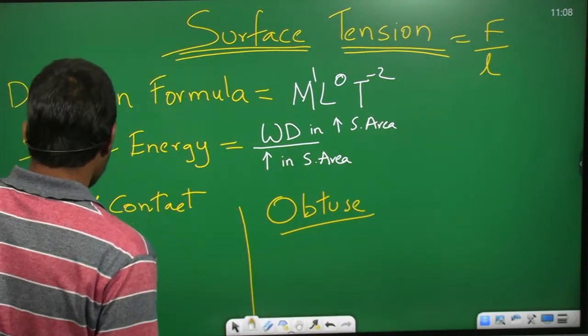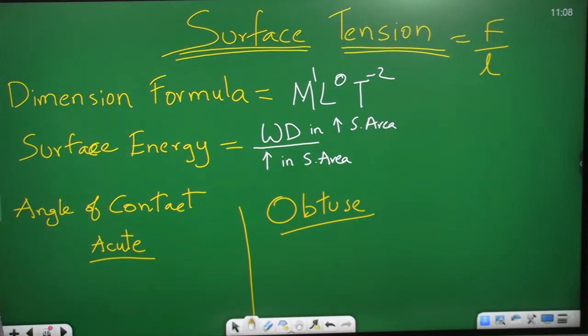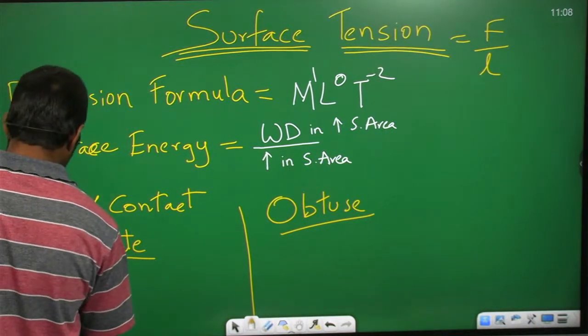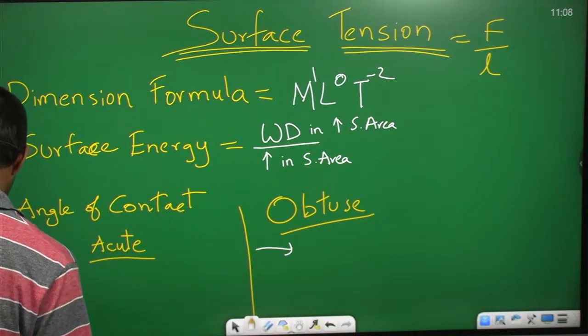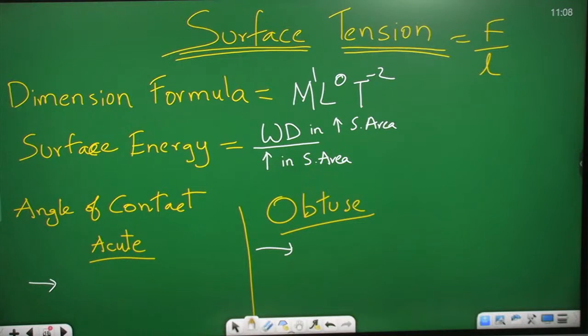So if the angle of contact is acute, is it wetting or not? Will the liquid wet the surface or not if the angle of contact is less than 90? So people on YouTube, try to comment on the characteristics for angle being acute and angle being obtuse. Then acute means it wets, right?